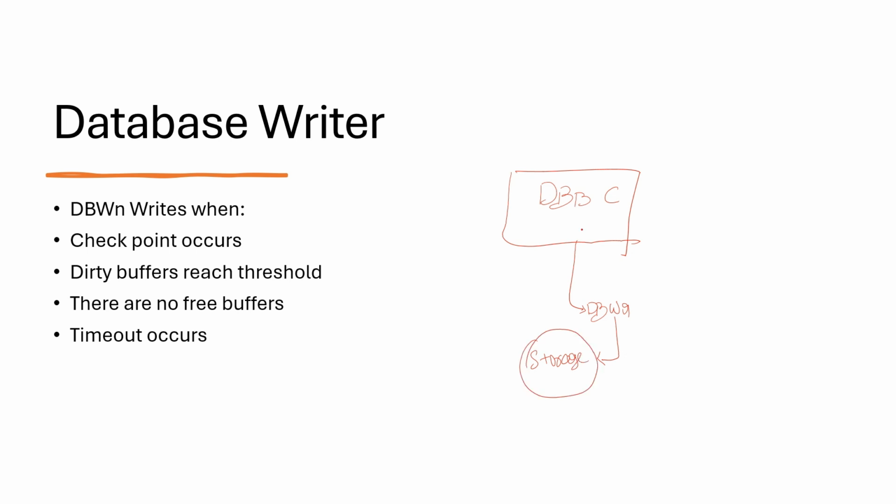It will be in the form of blocks only. The database buffer cache will be in blocks only. I told you, right, in the memory structure. So the database buffer cache will have data in the form of blocks. This storage is the actual data, like your physical files.